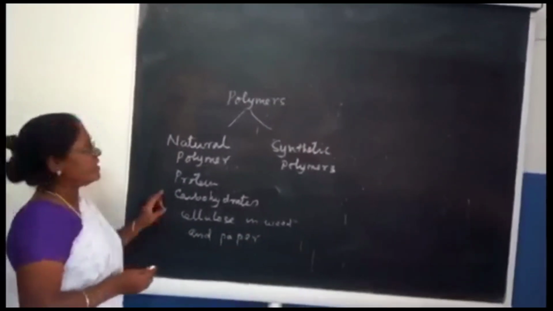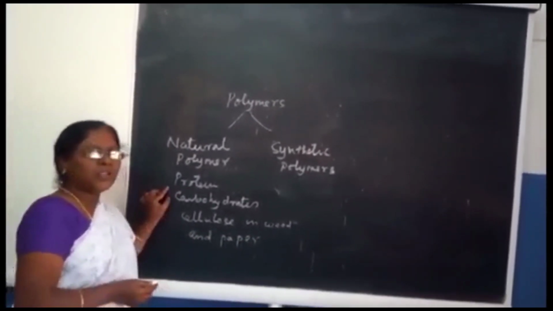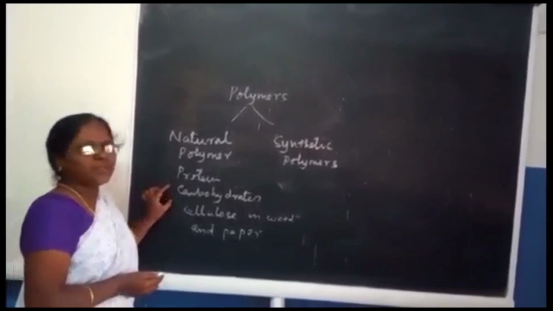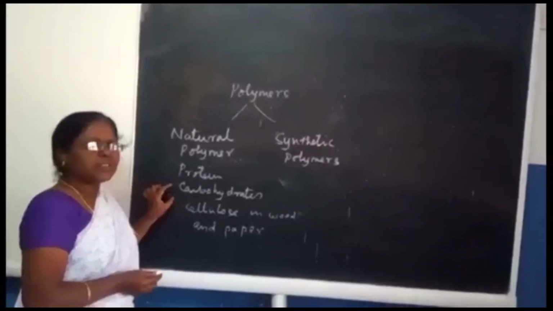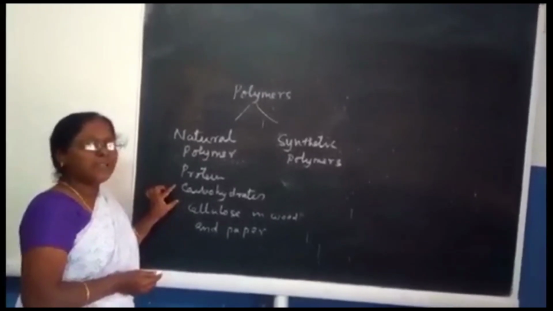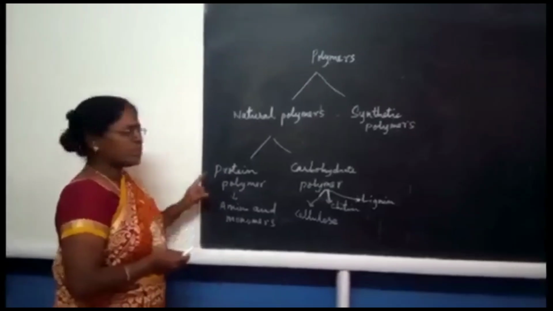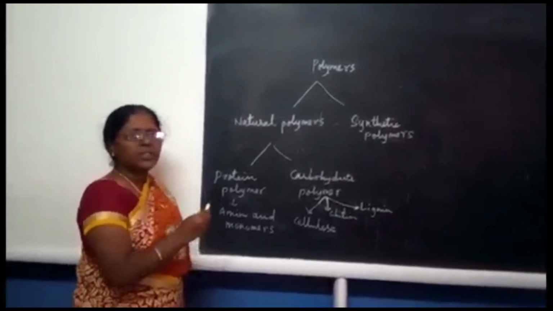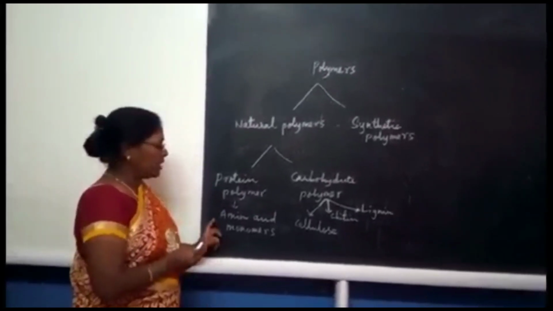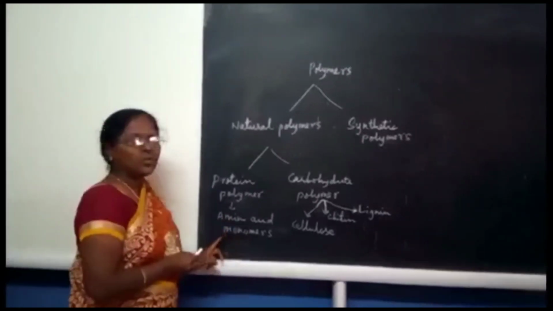Here it plays an important role in our life. It is giving life process. The molecules are very important. Next one is called protein polymer. This protein polymer is made up of amino acid monomers.